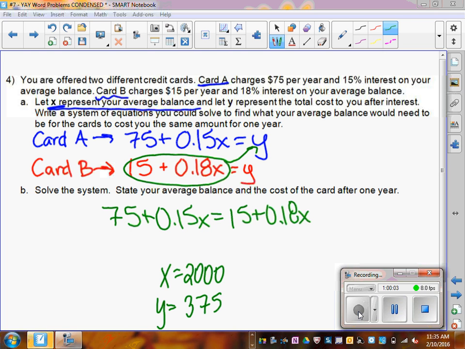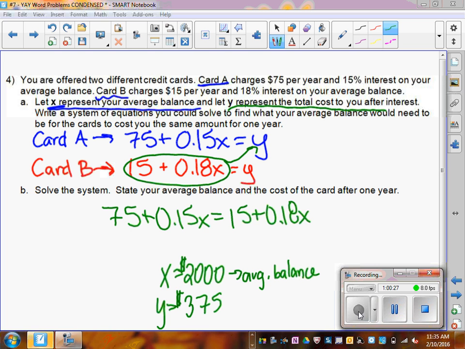Okay, so you should have gotten x equals 2,000 and y equals 375. But we need to know what that stuff means. So x represents the average balance. So $2,000 has to be our average balance. And then it says that y represents total cost after interest.